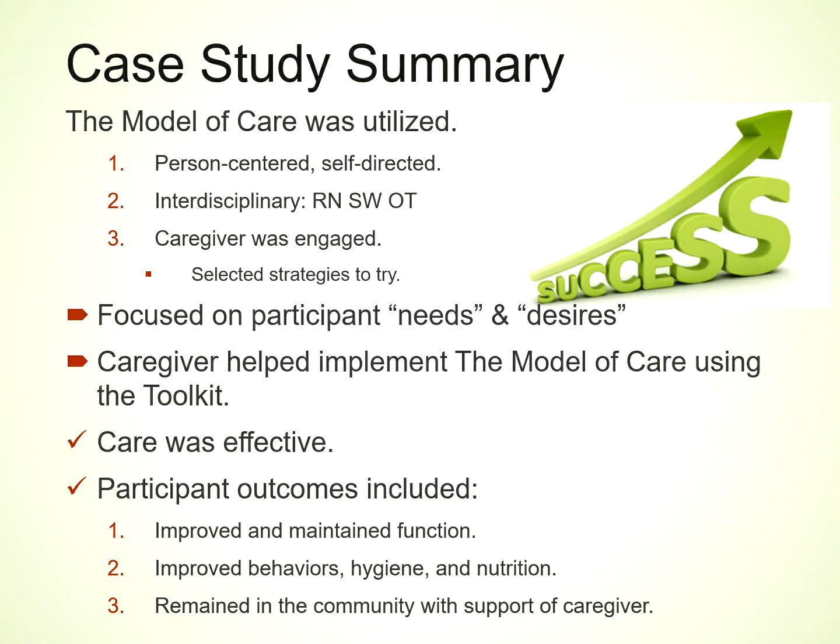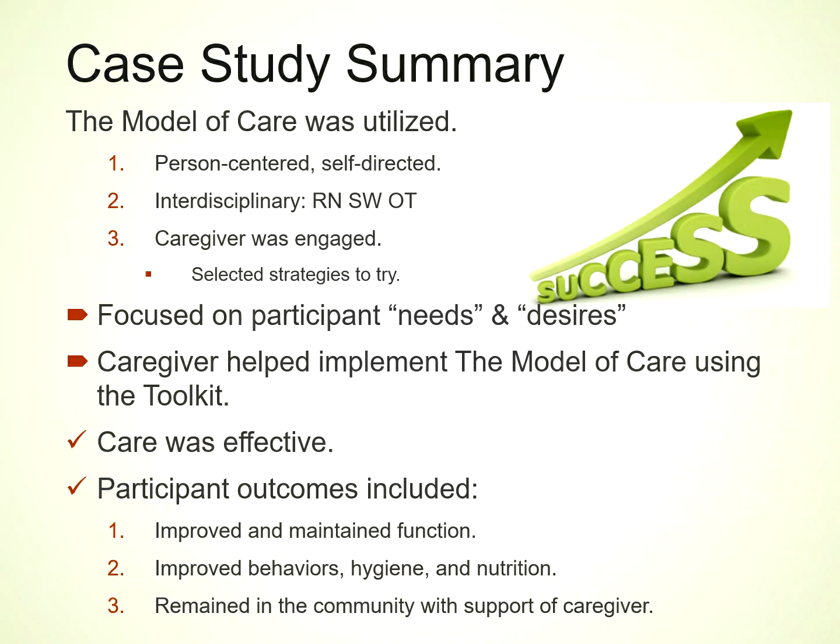In summary, regarding this case study, the model of care was utilized to design a person-centered, self-directed plan of care. It was interdisciplinary with all three clinician types used. The caregiver was engaged in selected strategies to try.